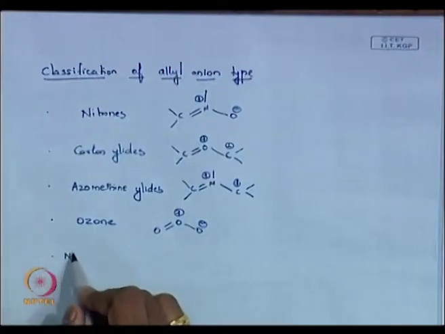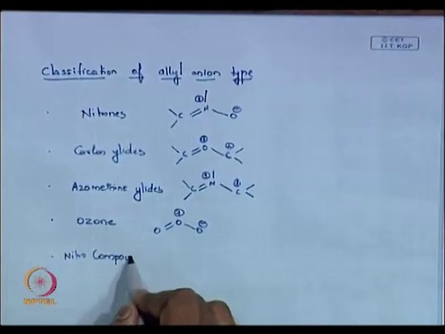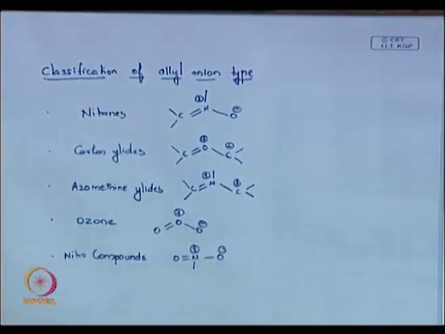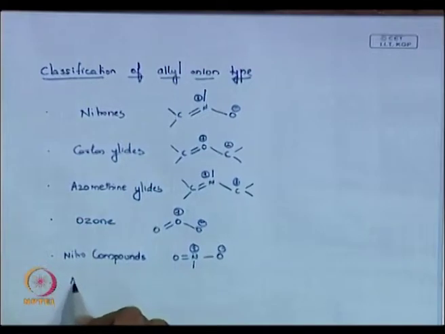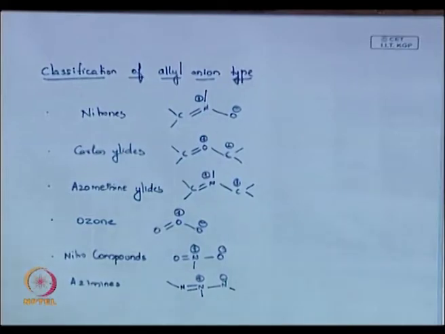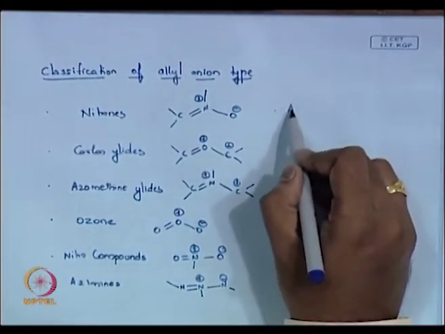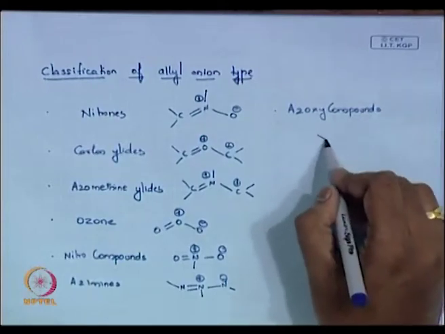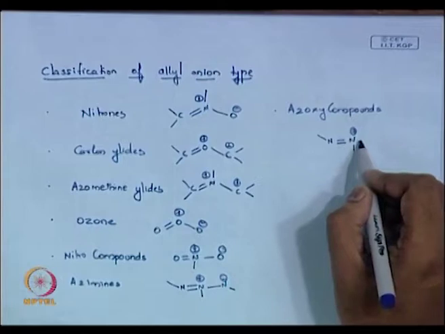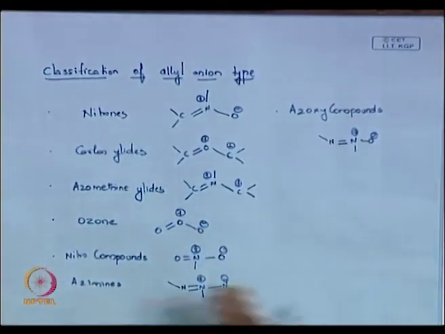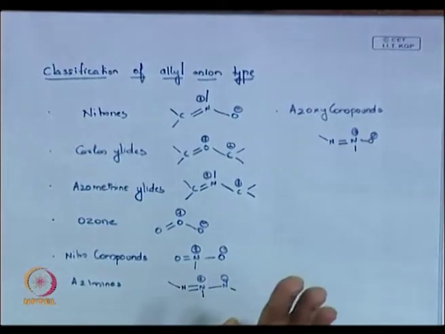Your nitro compounds, any other thing, azimines, because you have 3 nitrogens in azimines. You can even think about your azoxy compounds with 2 nitrogens. All are more like a bent structure. If I am linear, it's not this; that's what the allyl anion type is.